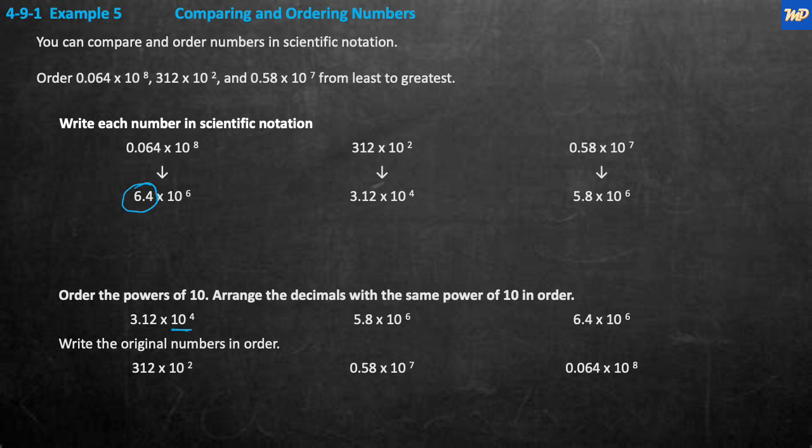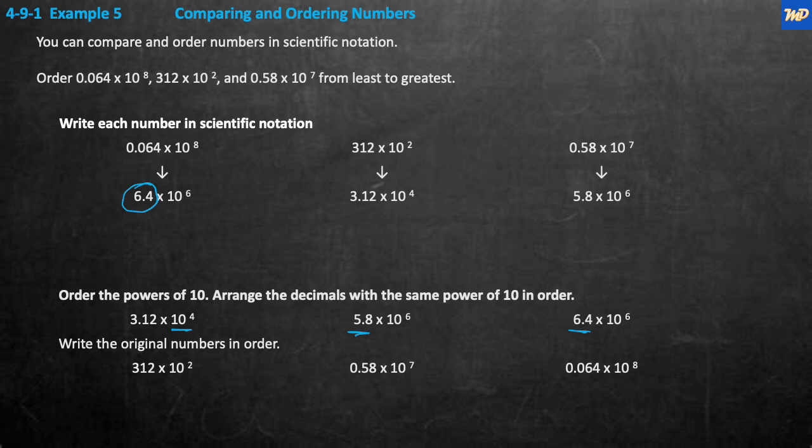Then you have to look and say, is this one the smallest, or is this the smallest value? And now it's easy to see that 5.8 is smaller than 6.4. So the 5.8 is in the middle, the second one, and then the greatest number is 6.4 times 10 to the 6th.